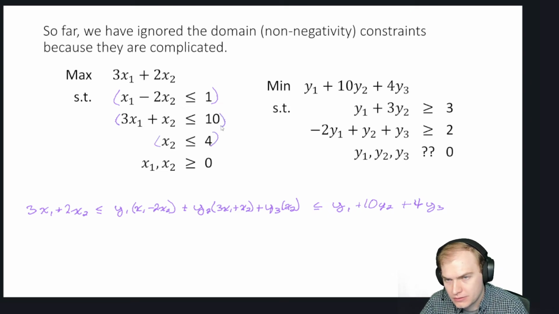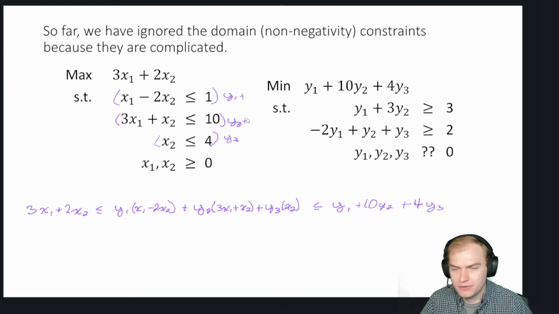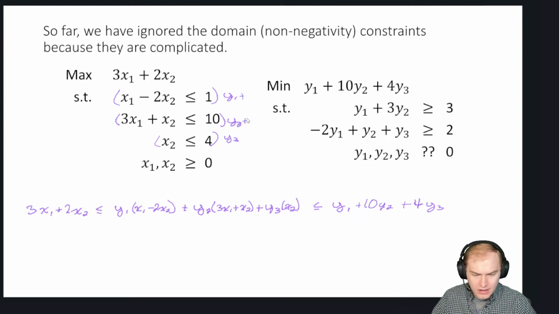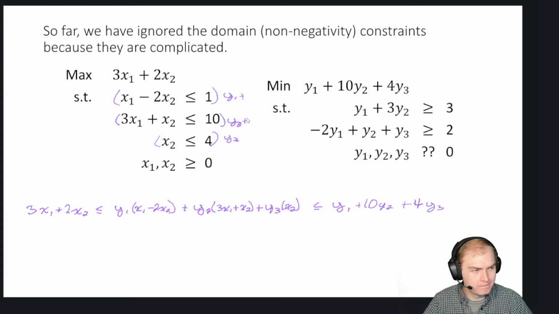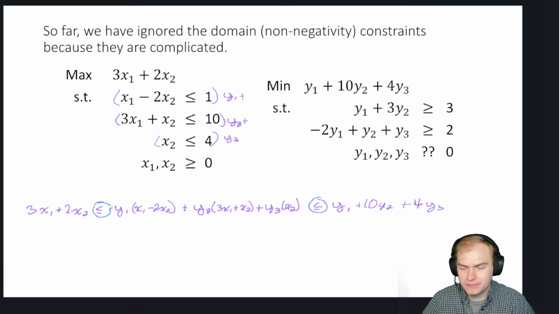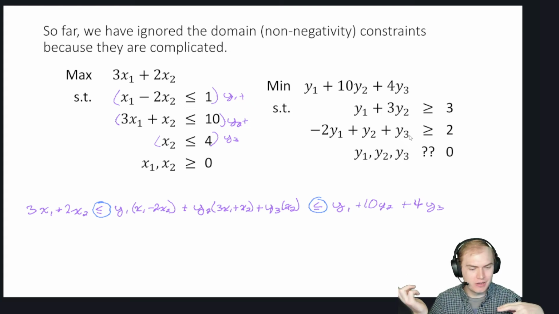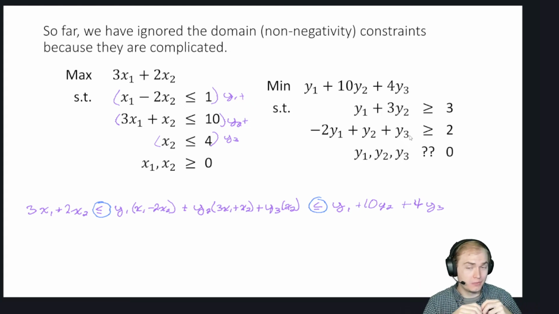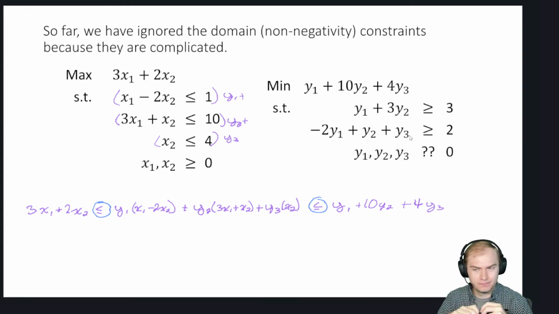Let me put this in. I'm going to add all those together. And the most important thing here is these two inequalities. If we do something to accidentally flip either one of them, suddenly we don't have a valid bound anymore.